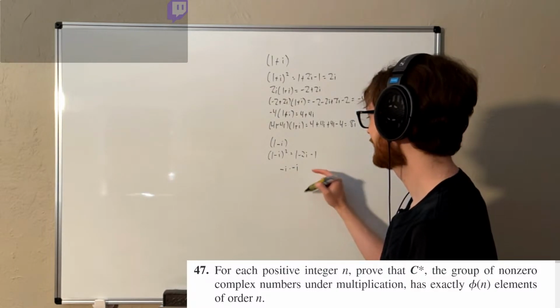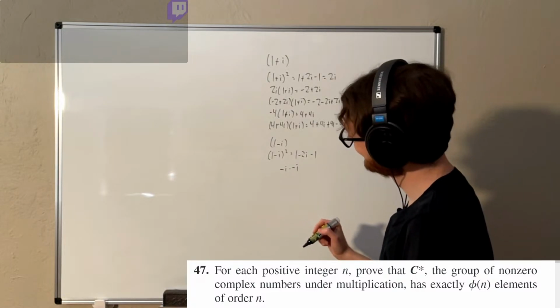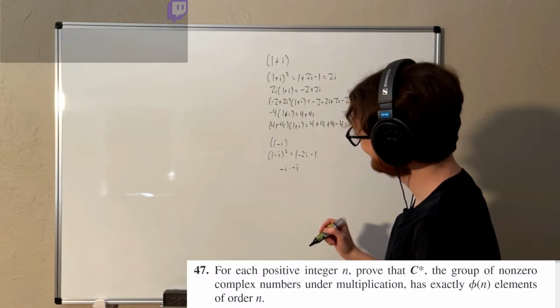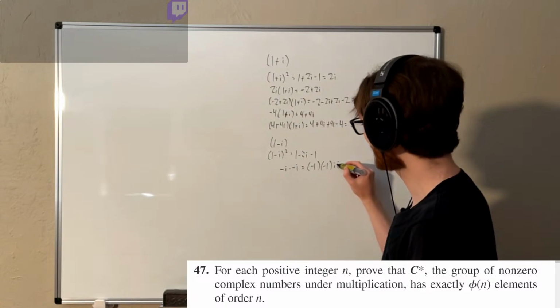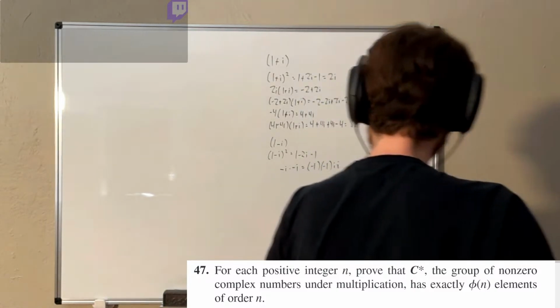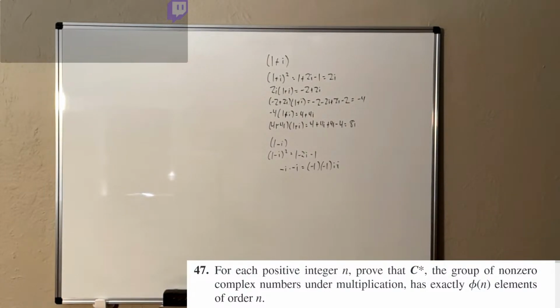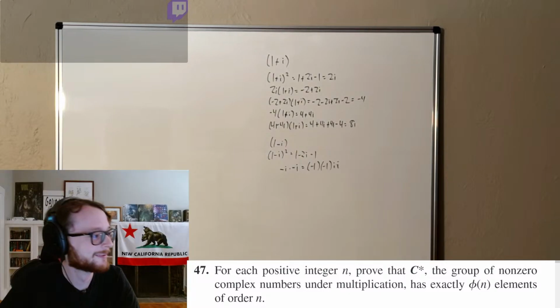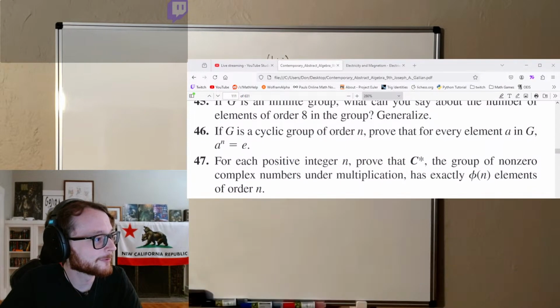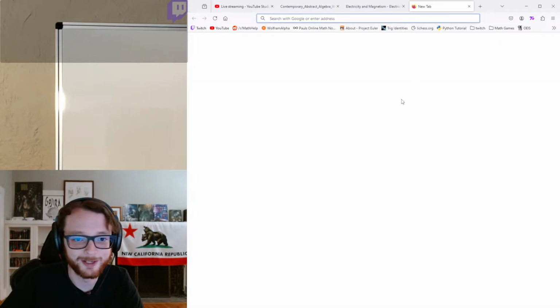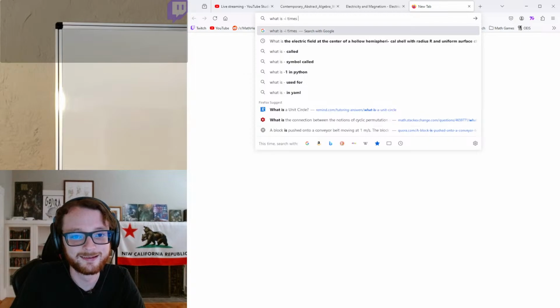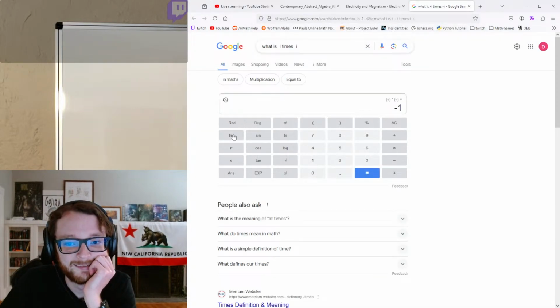Wait, could I say that's minus 1 times minus... I don't know how complex numbers work. I could get positive 1 or negative 1 from that. I'm going to Google something really stupid right now. I thought it's supposed to be positive 1, but I feel like I can show it's negative 1. Minus i. Negative 1.